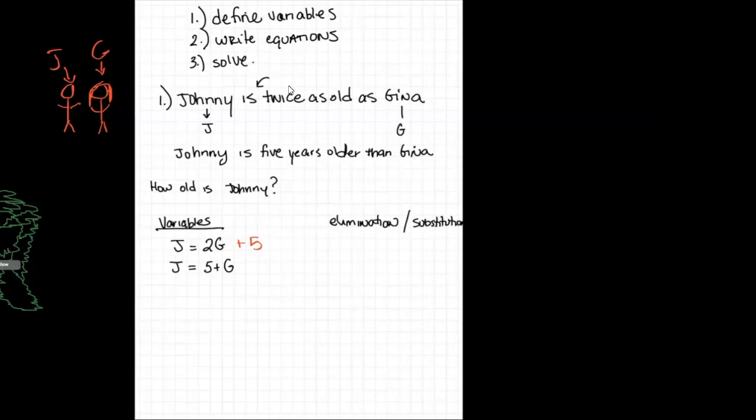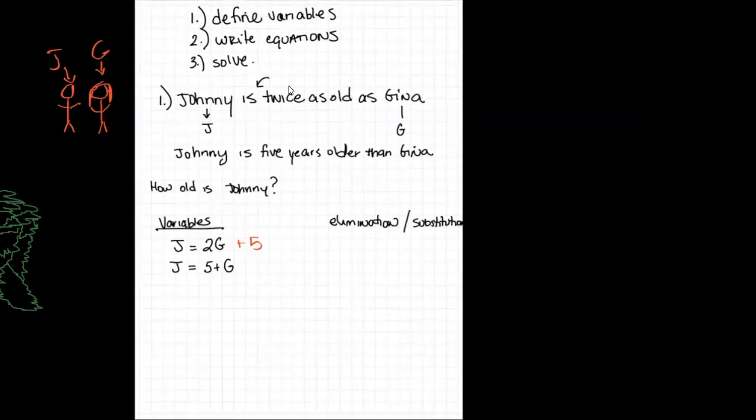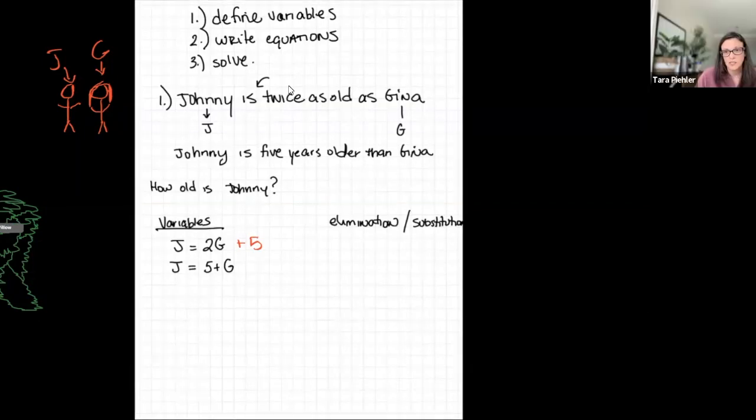Okay, this is a very easy substitution method because we have J equals for both of these equations. So we can just sub in J. So we'll do the substitution method. If we sub in J to our first equation, what do we get, guys?